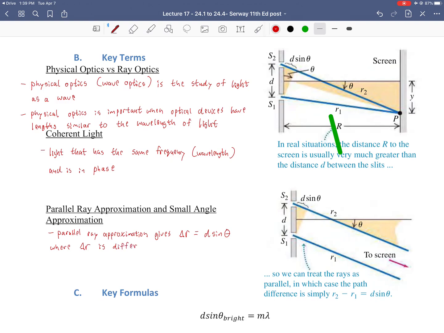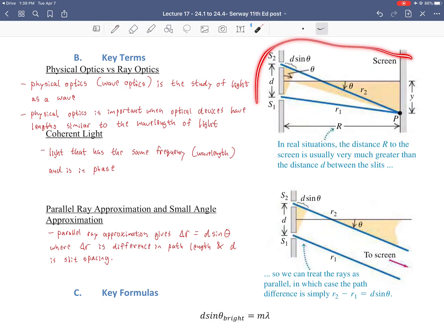Where delta r is, we'll say, difference in path length. And d is slit spacing. Okay, so with the written definition, let's refer to the figures, okay?